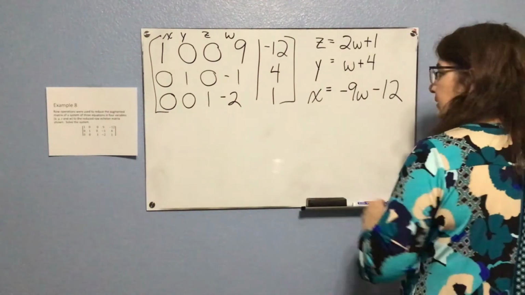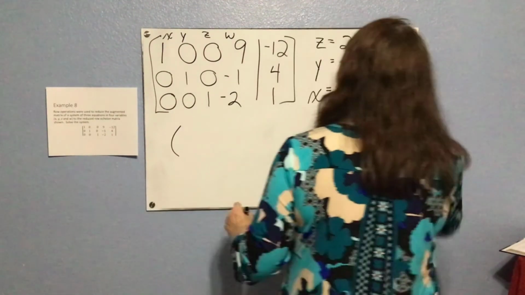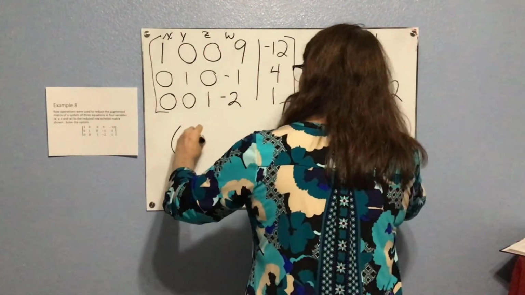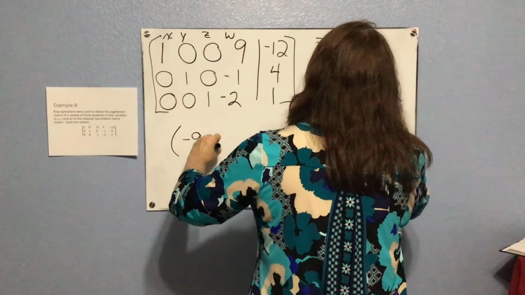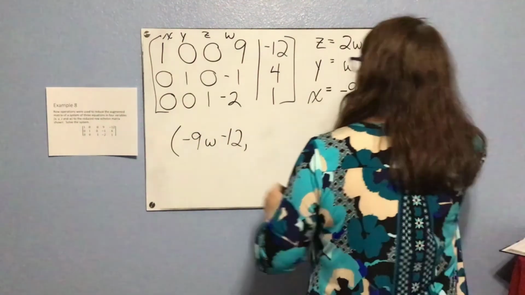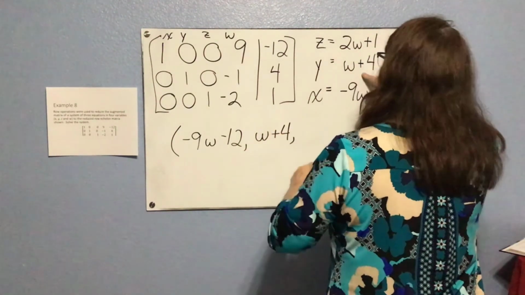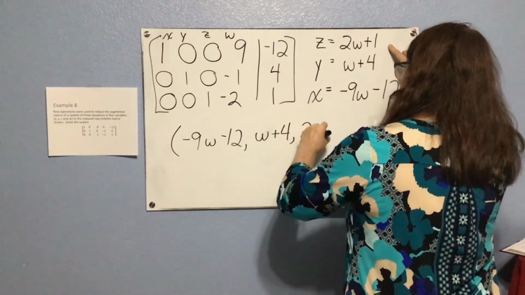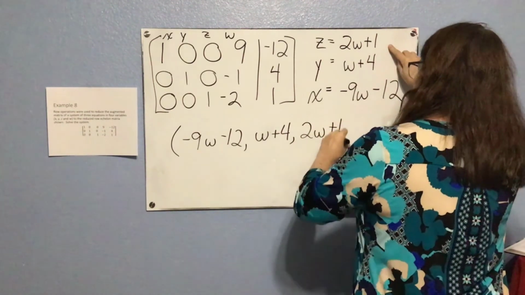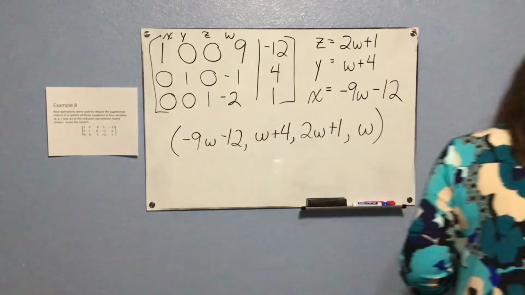So when I write this out as an ordered set of 4, we'll start with x, negative 9w minus 12, comma, w plus 4, 2w plus 1, and then my fourth parameter is w.